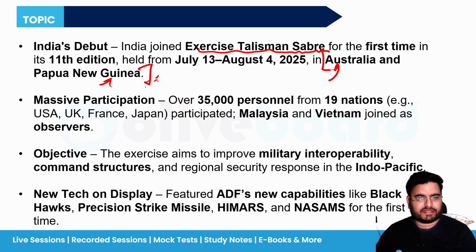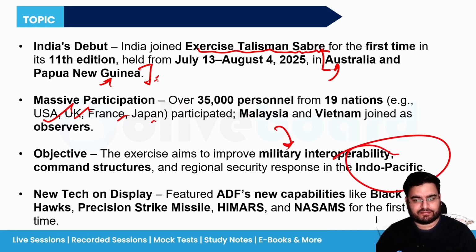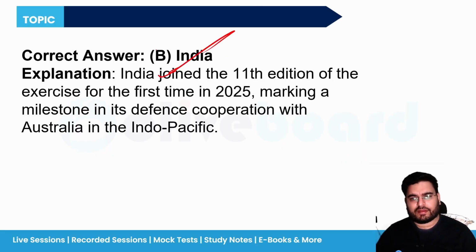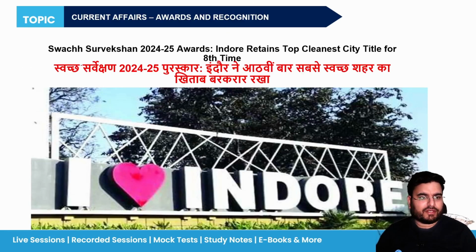So please remember this thing. Also USA, UK, France and Japan have also participated. So it is a multilateral exercise. Okay. And this exercise focuses on what? It focuses on military interoperability. Okay. And they focus on the Indo-Pacific region. Got it? Chalo.